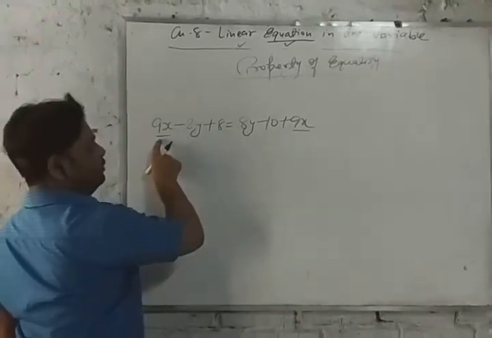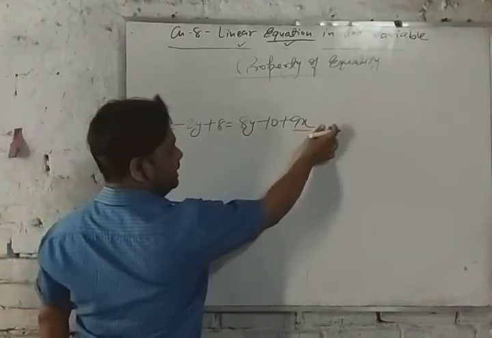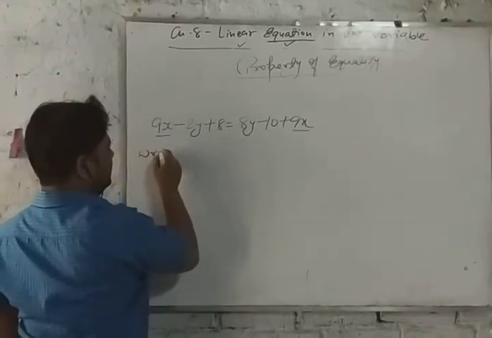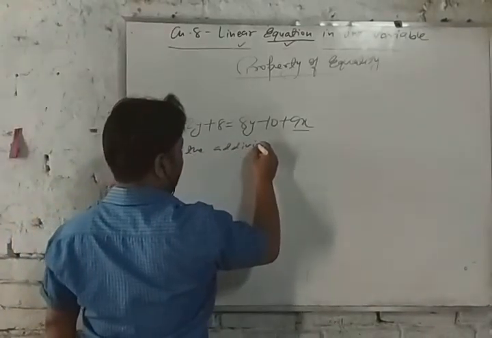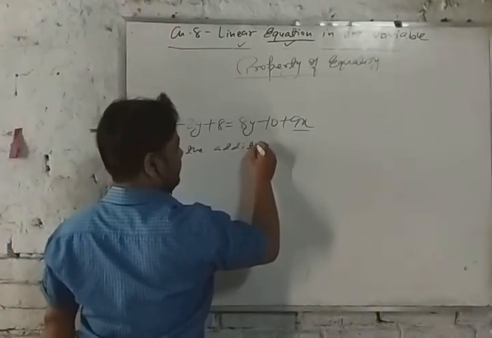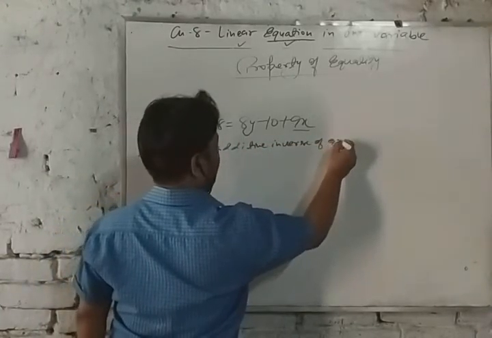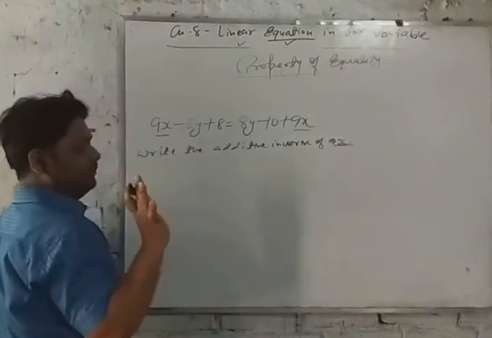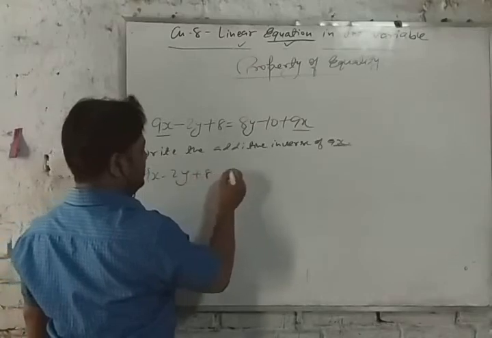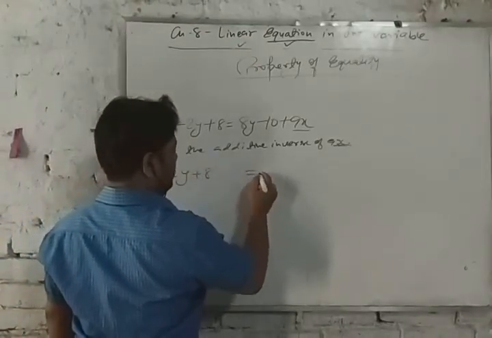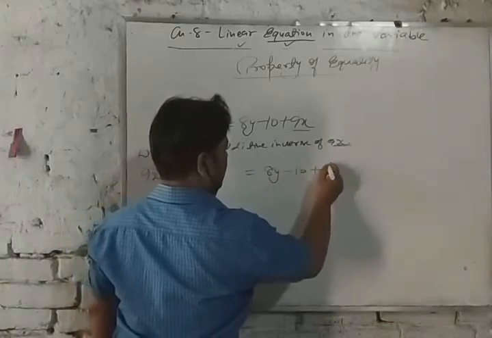That is, if you are subtracting, we write the additive inverse of 9x. Only we have to write this one. Okay. Now, 9x minus 2y plus 8 is equal to 8y minus 10 plus 9x.